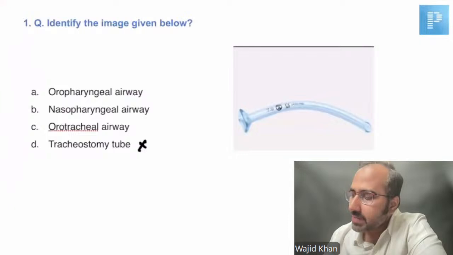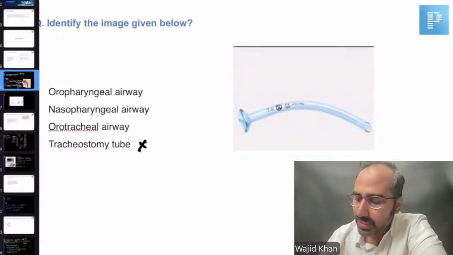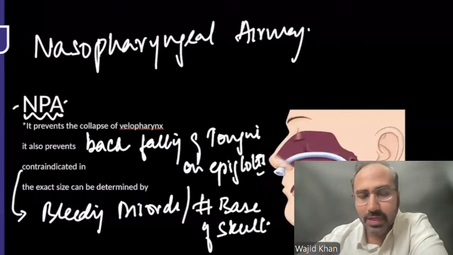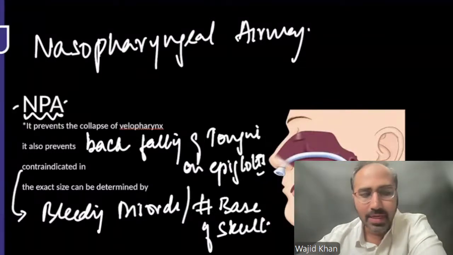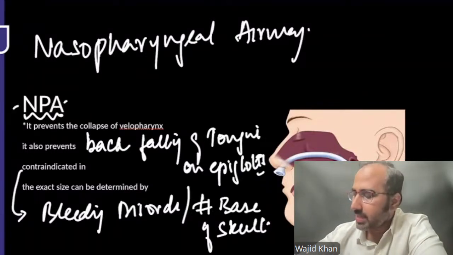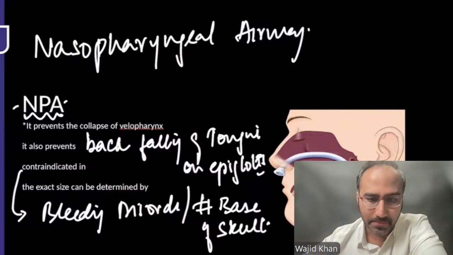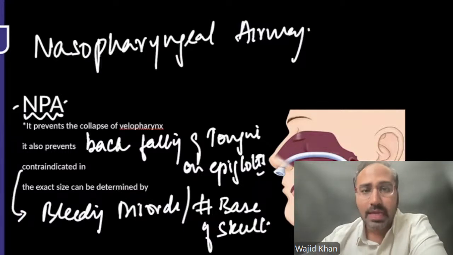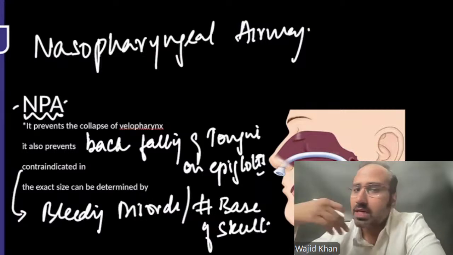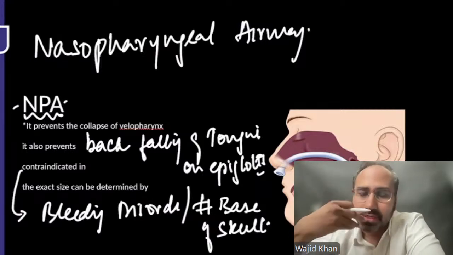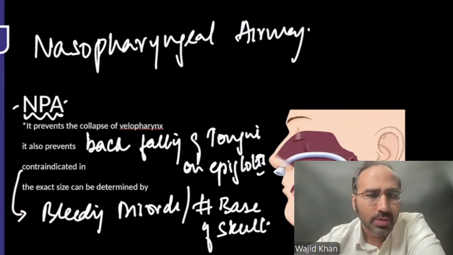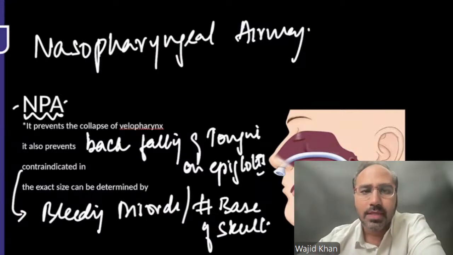So what is the airway device that is being shown here? We'll go back through the notes and you will get your answer. In the notes, I have already explained, this is a nasopharyngeal airway. Now, what is the use of this airway device? Imagine a patient has an oral cavity injury, some trauma to the oral cavity.